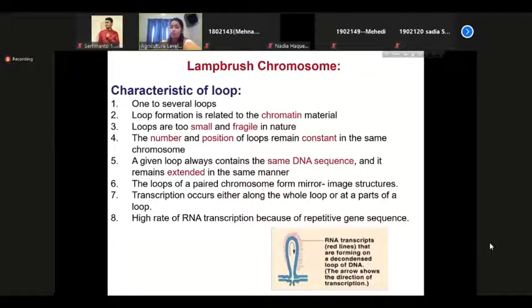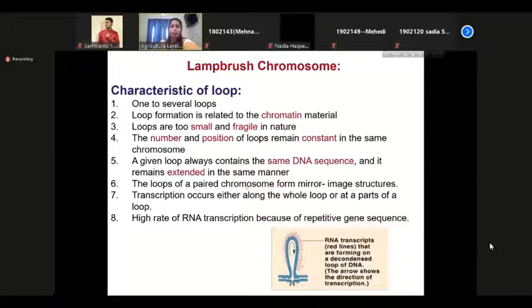So this is consistent in the chromosome according to the amount of chromatin material. A given loop always contains the same DNA sequence and remains extended in the same manner. As I told you, the loops have the same type of DNA sequence, the same DNA repeats, and the two sides are called the mirror image.